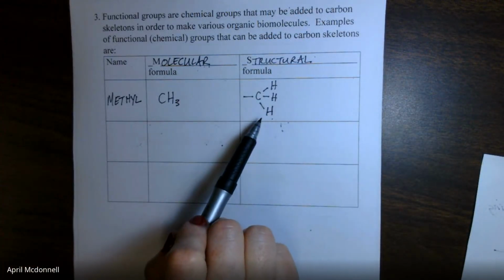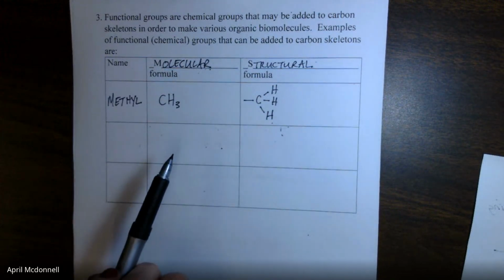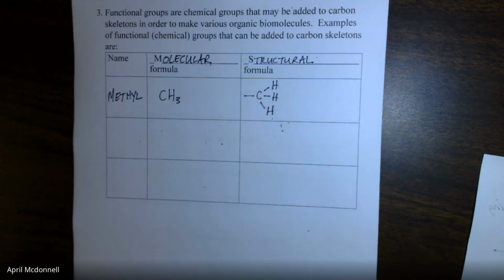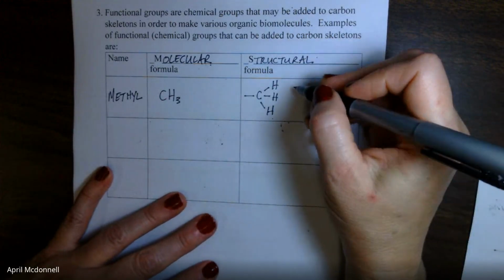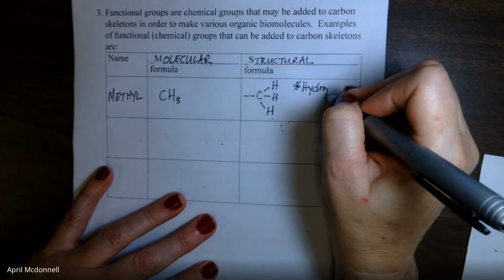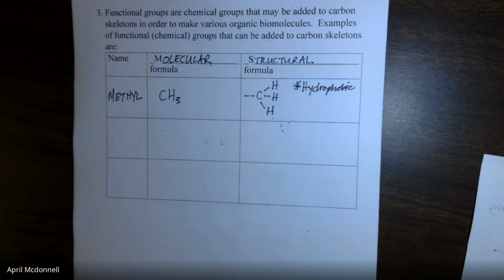So as you can see, the structural formula still has 1 carbon atom and 3 hydrogen atoms. Therefore, the structural formula provides us a little bit more detail. Methyl groups tend to be what we call hydrophobic. Hydrophobic is a type of chemical or a type of substance that does not like water.